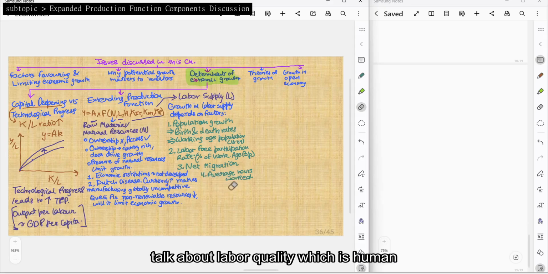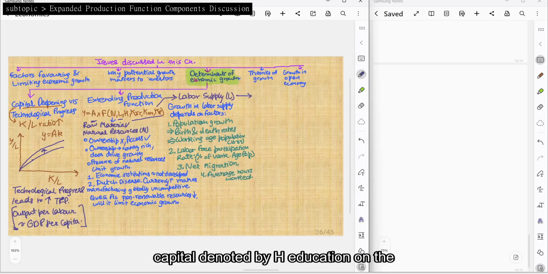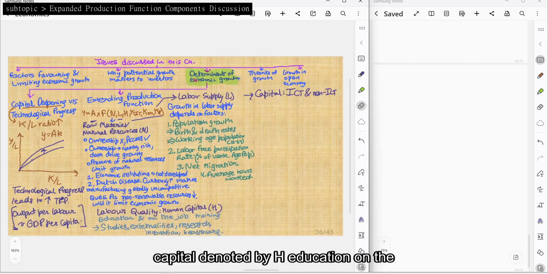Now let's talk about labor quality, which is human capital, denoted by H. Education and on the job training are expensive, but studies have shown that countries which invest heavily in these tend to do better.